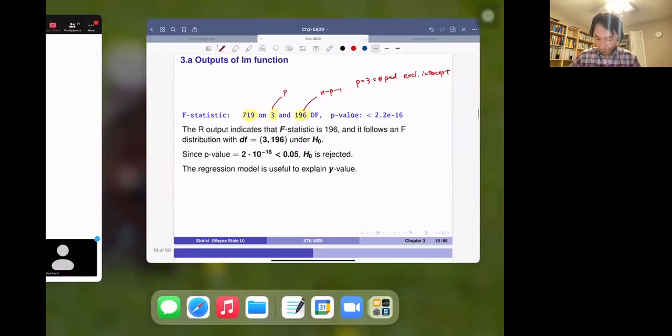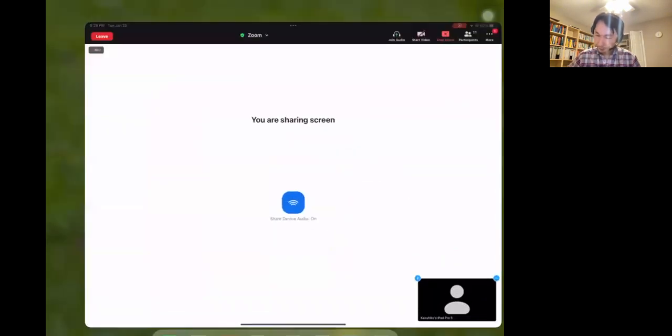I will explain some use of R with my computer.